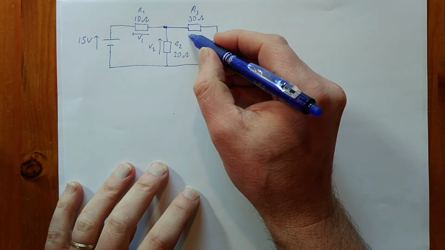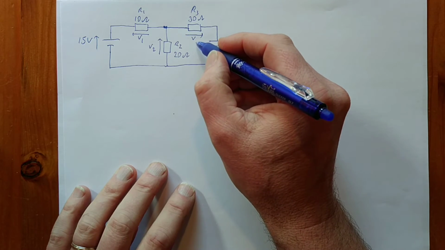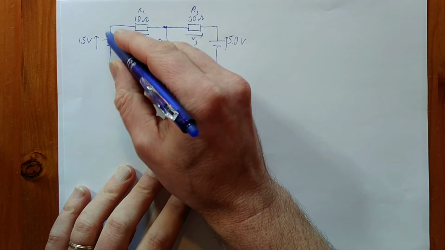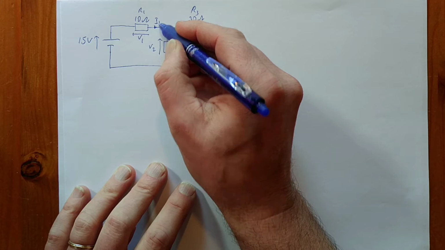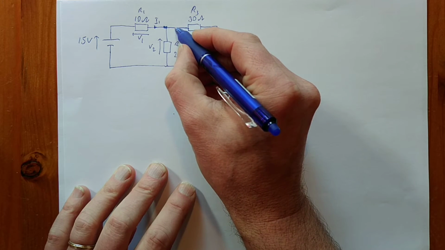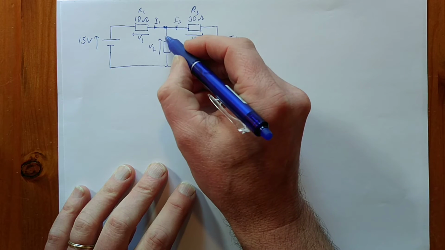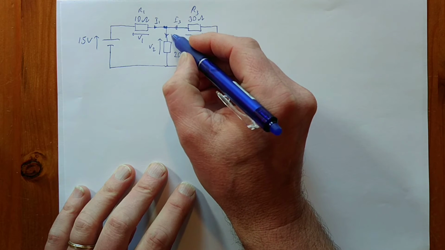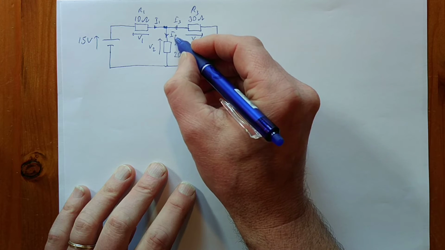And let's just call this now V3, right? And then we have current going out from this one. Let's call that I1 because it goes through R1. We call this, of course, I3, and these two add up to become that current, that is I2.